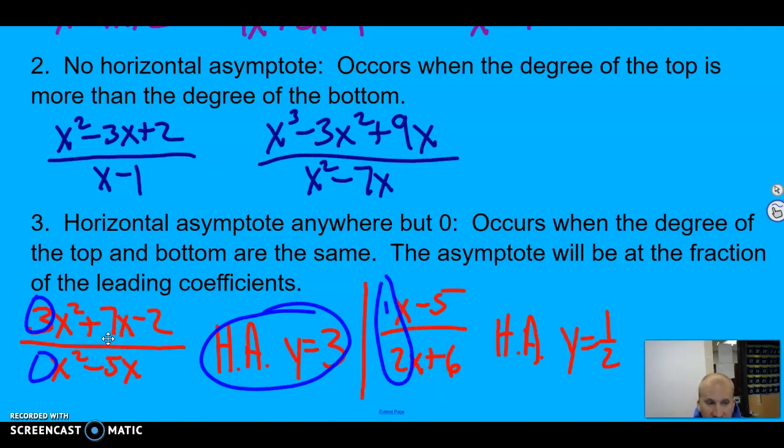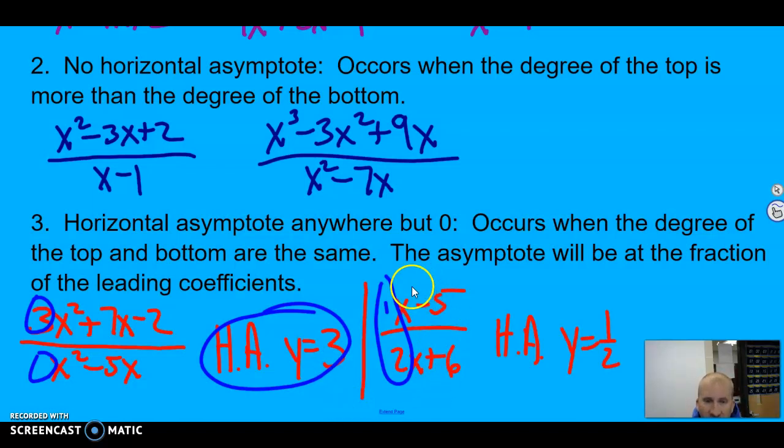Now that sounds like scary big words, but here's all you have to do. 2 and 2, same degree. Look at the numbers in front of the x squareds. 3 over 1. There's a horizontal asymptote at 3. Done, because 3 over 1 is 3.